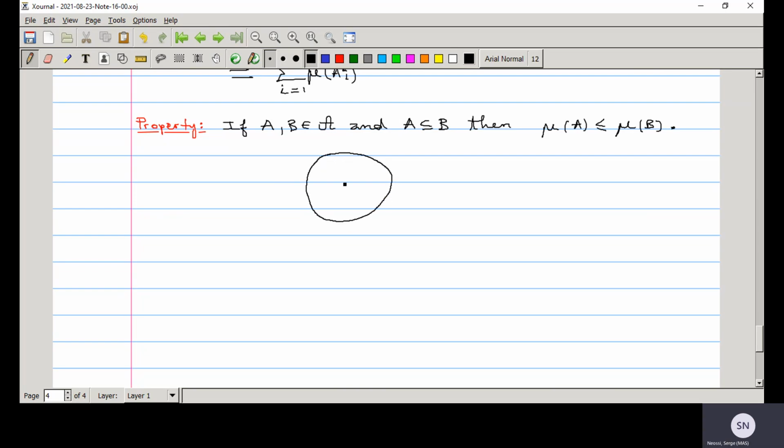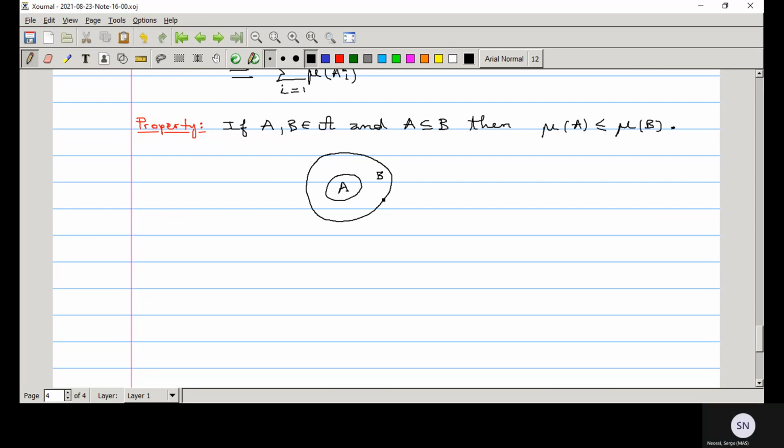This is, for instance, our B, and inside here we have our A. So this is A, and this is B. So we can write B as a disjoint union of A and this part.